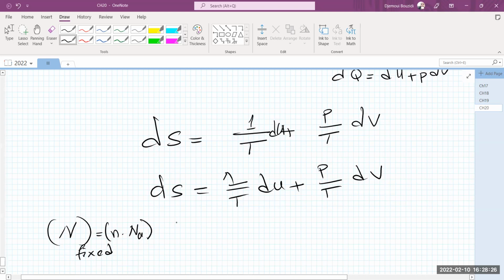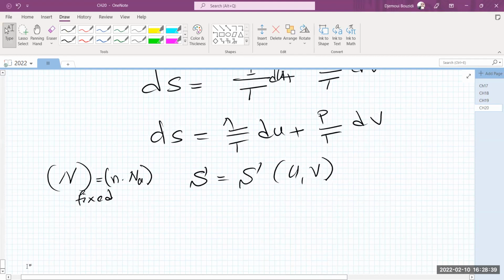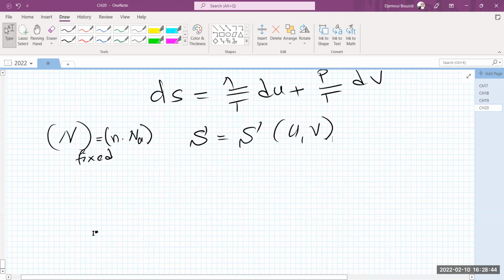So in this case, the entropy is some function of U and V, okay? Now, for those of you who did not take Calc 3, or even those who took or are taking Calc 3, this is a review, if you wish, of multivariable functions.